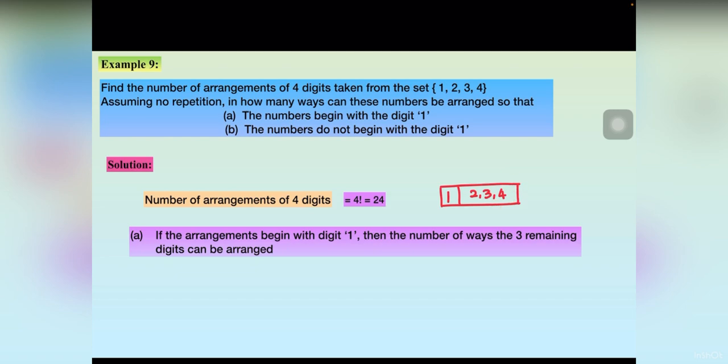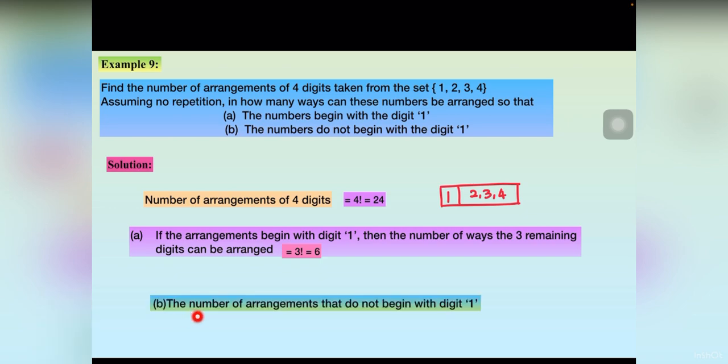So now, the number of ways the remaining digits can be arranged. This is what we have to arrange, the 3 digits. So it equals 3 factorial equals 6. Or we have 1 times 3 factorial equals 1 times 6 is 6.